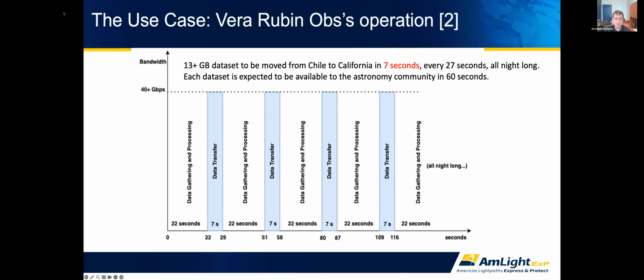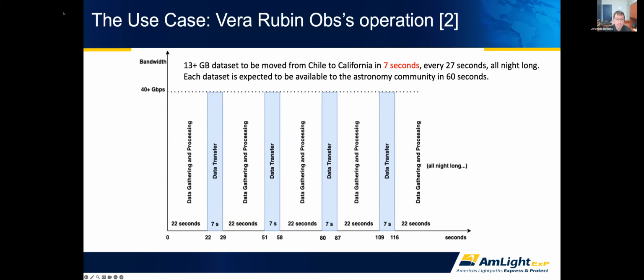And this data set will be generated every 27 seconds. And in this 27 seconds cycle, there are 7 seconds that are assigned for network data transfers. So that's how much time as network operators we have to carry all the data from northern Chile all the way to California. And this will happen all night long. As long as it's dark and the sky is clean, this is going to be running.